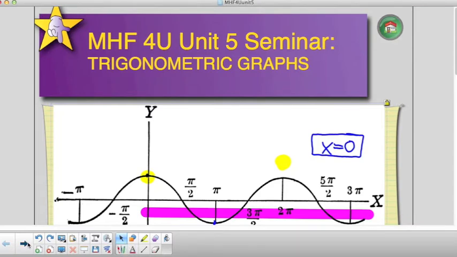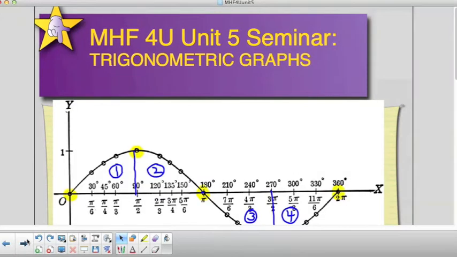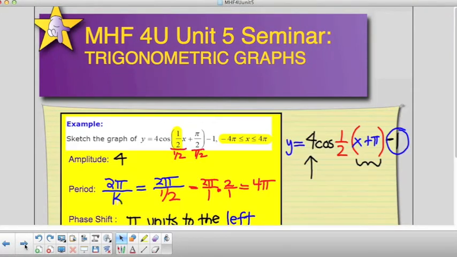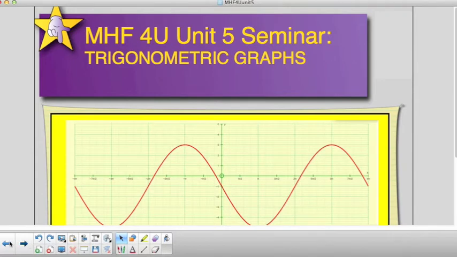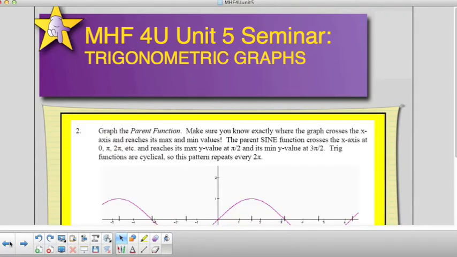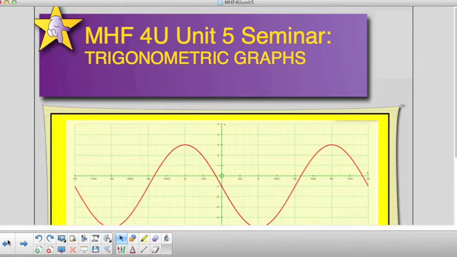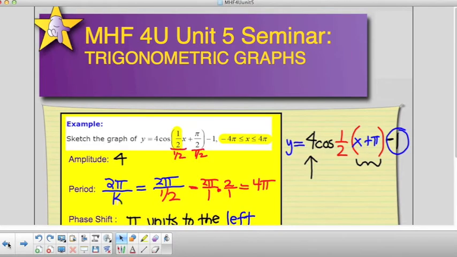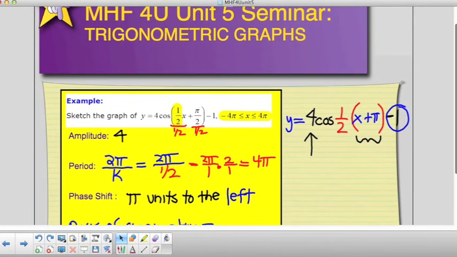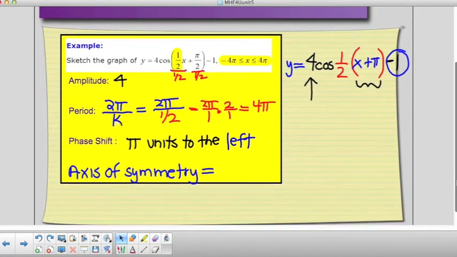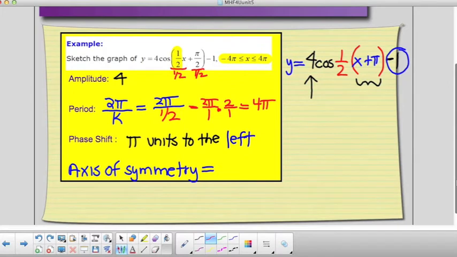So whatever your vertical transformation is, your axis of symmetry is going to be equivalent to that value. So my axis of symmetry for this particular question is going to be x is equal to -1.